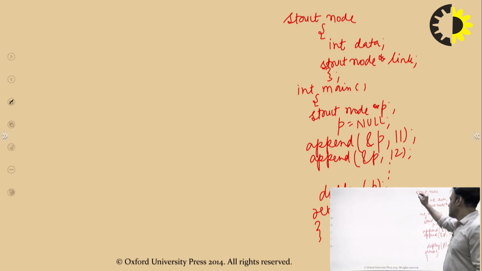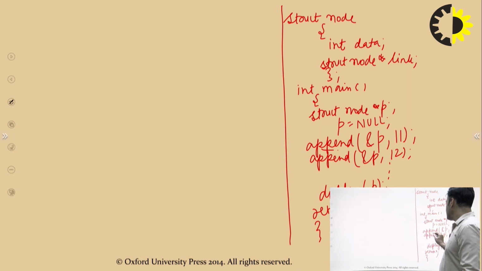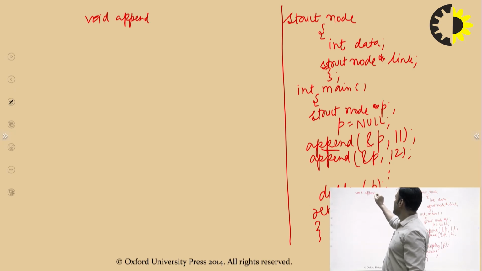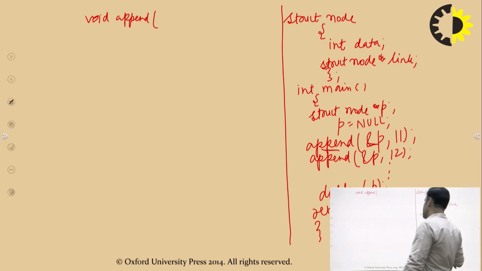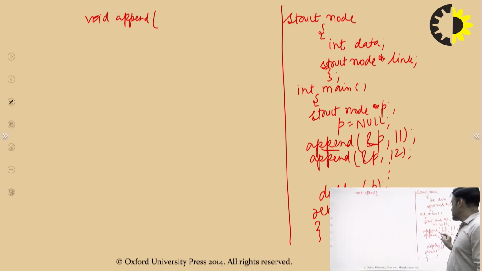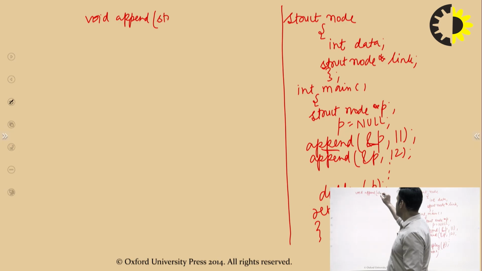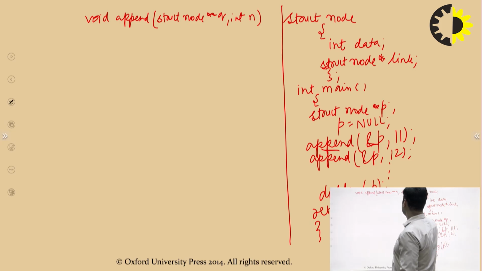Now my aim is to implement this function append. This append function will implement my insertion algorithm. So I am writing the append function here, void append. The first parameter is my address. This is my address, no? So this will keep the address of the pointer variable. So I have declared struct node **q and int num.